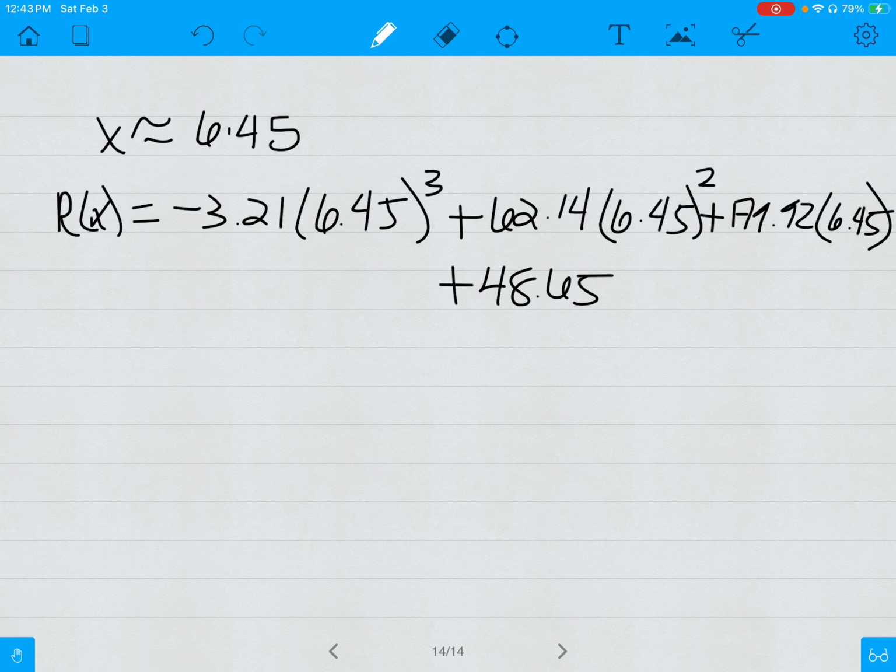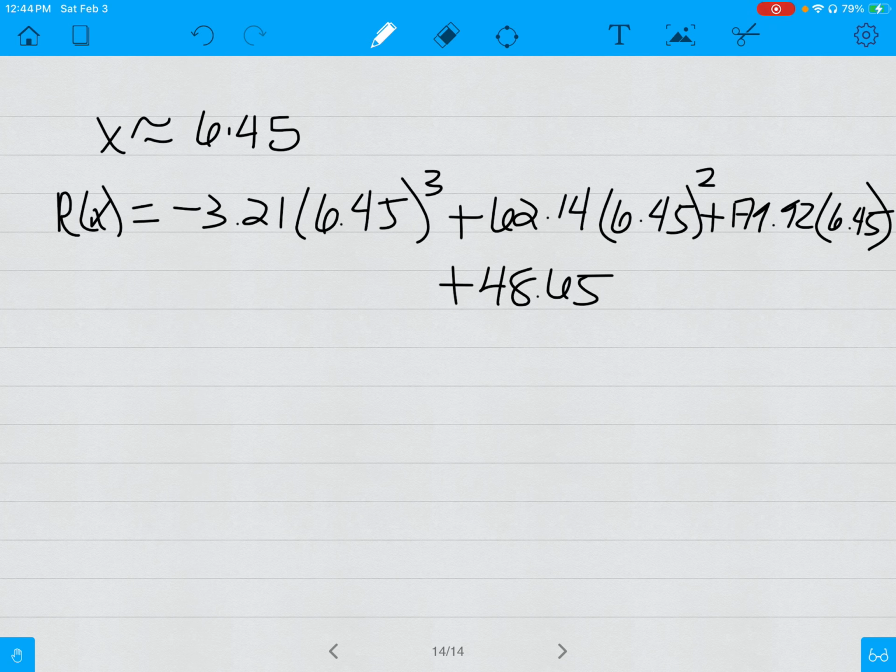So if we plug all of this in, again, I am doing this on the calculator. So we have negative 3.21 times 6.45 cubed. Then we have plus 62.14 times the 6.45 squared plus 179.92 times the 6.45 plus 48.65.